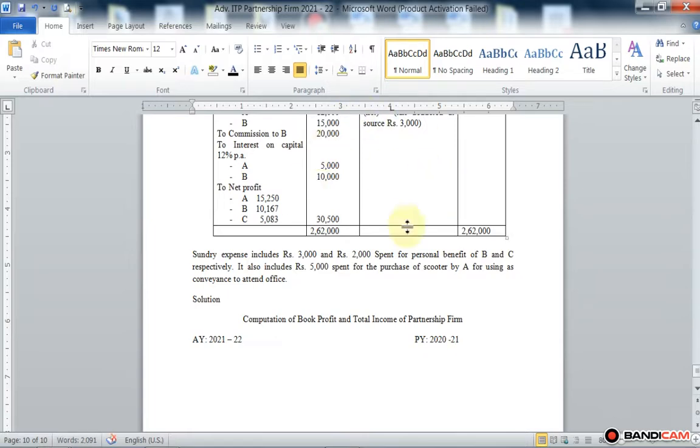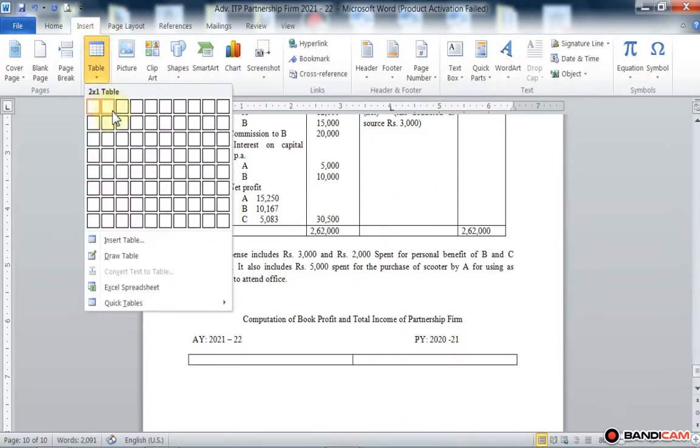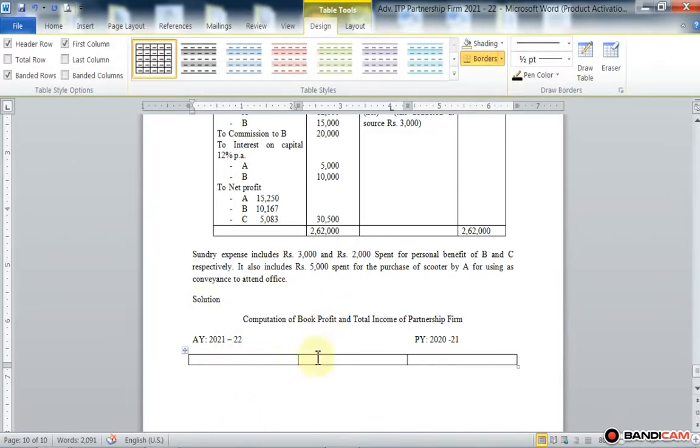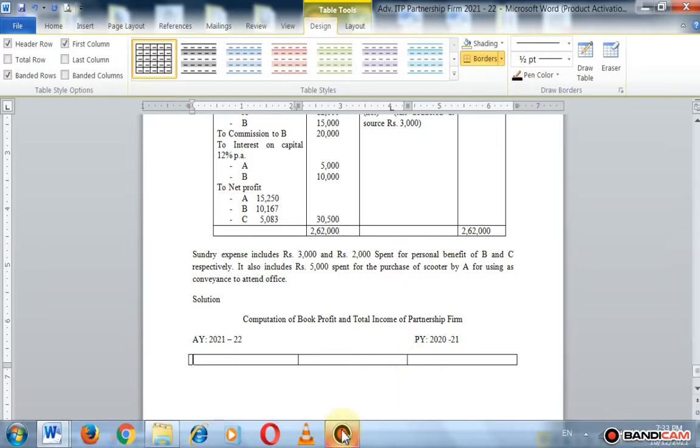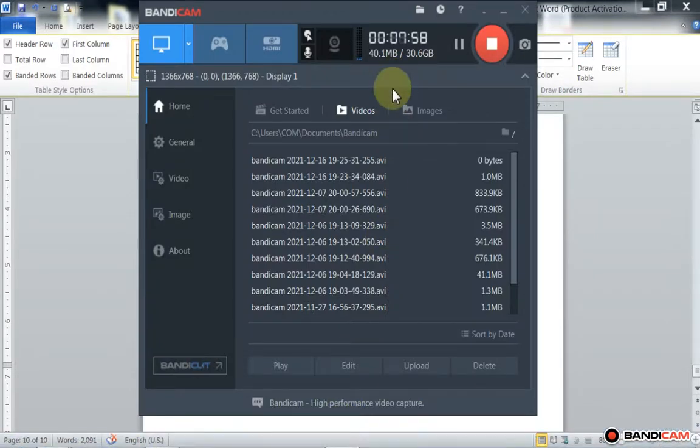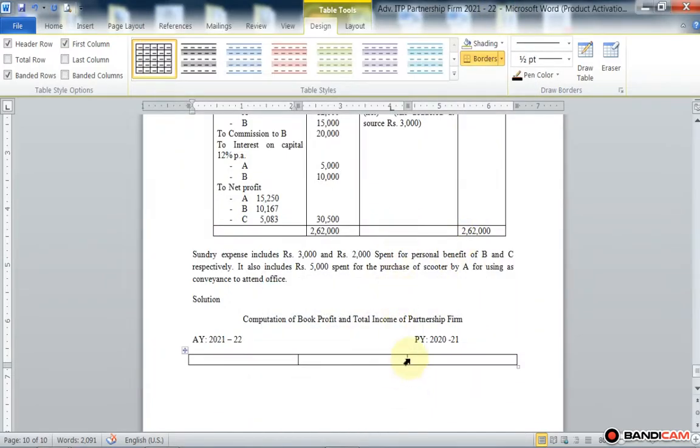Now prepare a three column table: particulars, rupees, particulars, rupees.